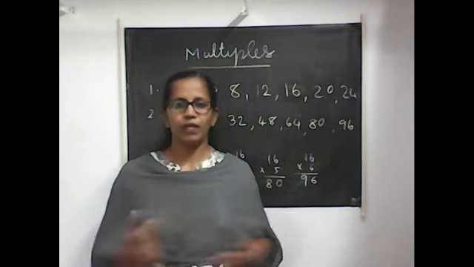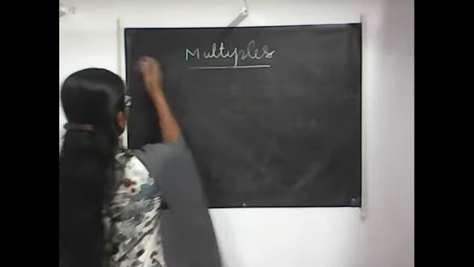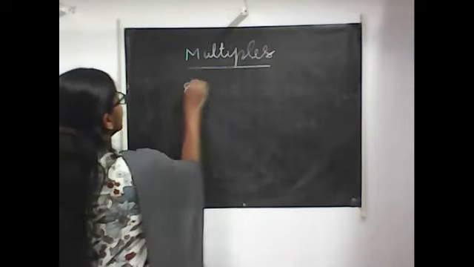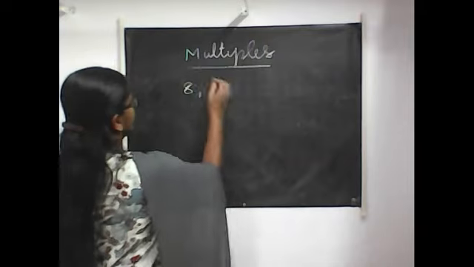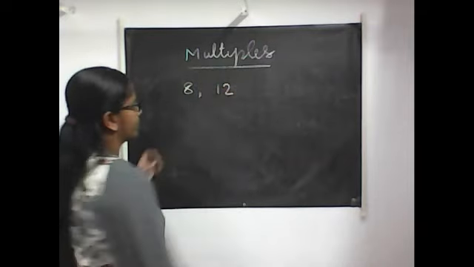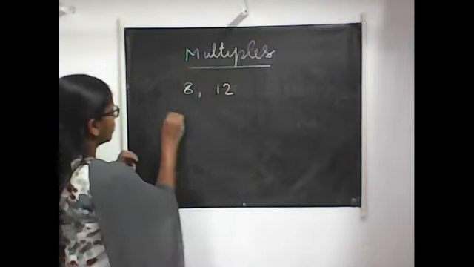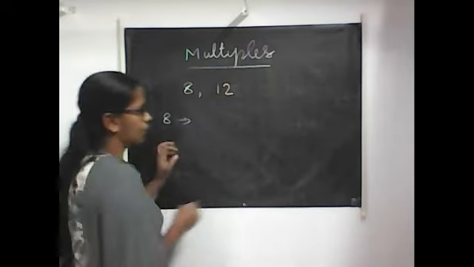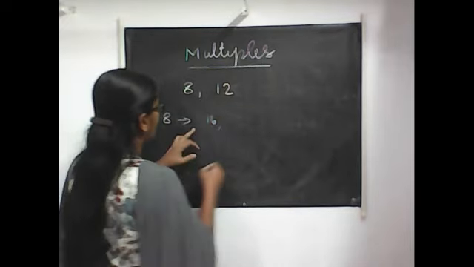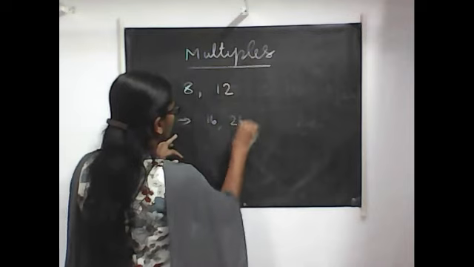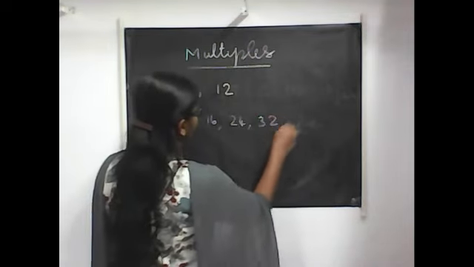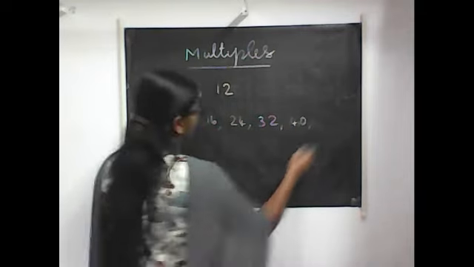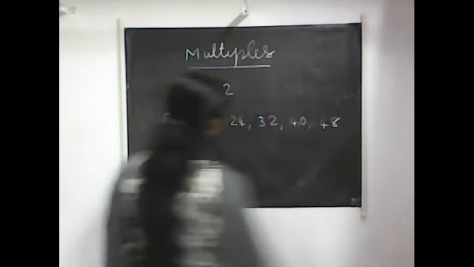Common multiples of given two numbers. Common multiple of 8 and 12. First you write the multiples of 8. 8 into 2, 16. 8 into 3, 24. 8 4s are 32. 8 5s are 40. 48, like that.